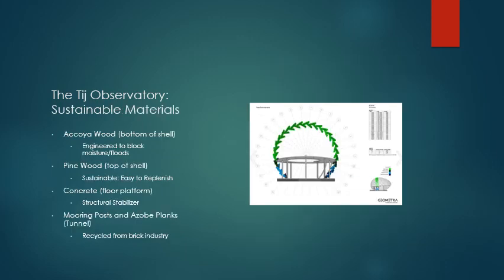As I said, the floor of this structure is flooded by water many times a year. So the materials that were used for this project are very interesting. The bottom part of the egg is made with Accoya wood. The cellular structure of this wood is re-engineered.